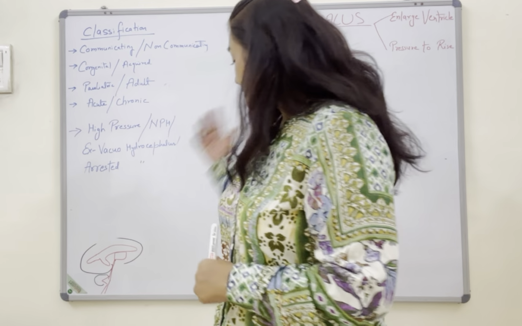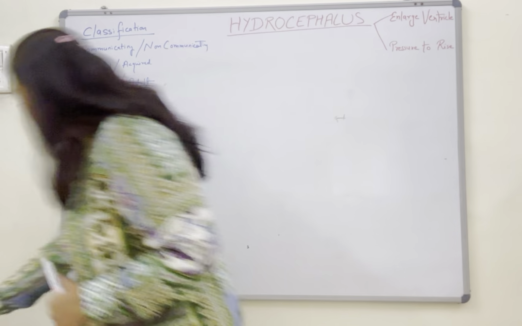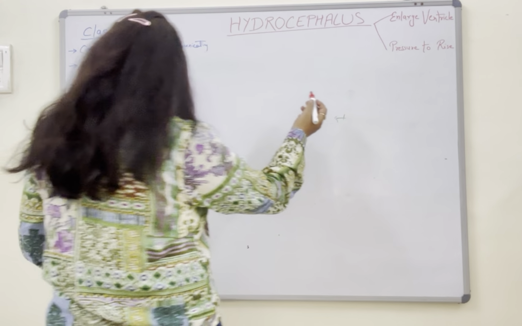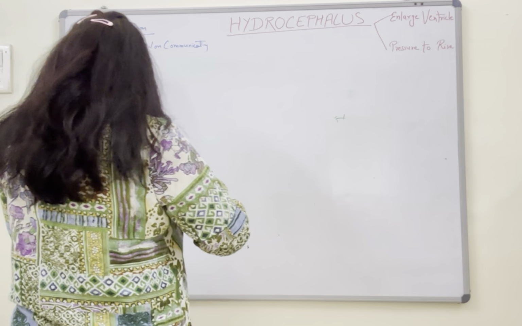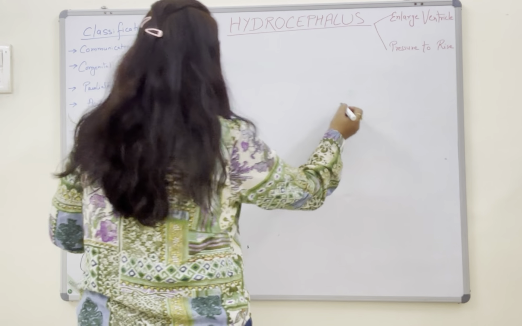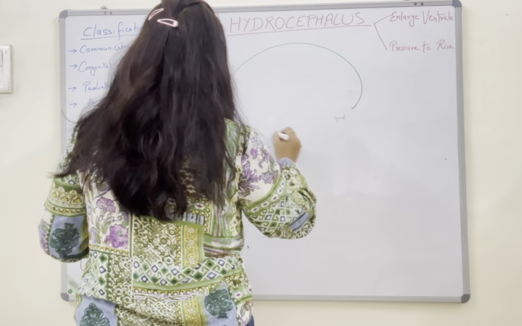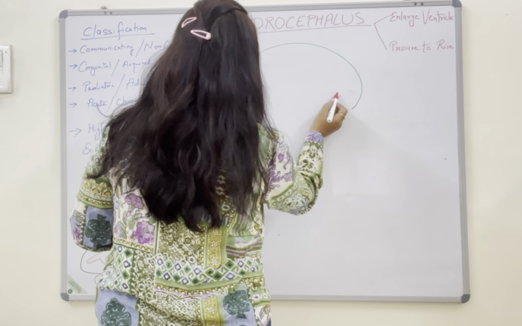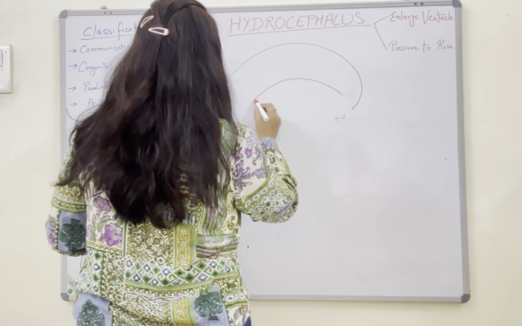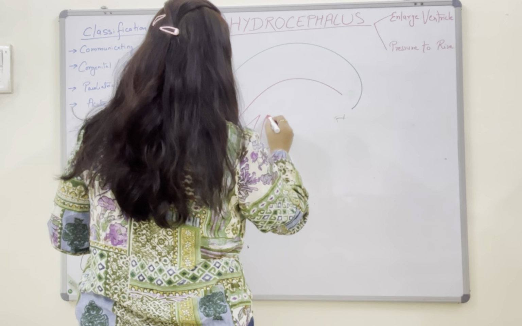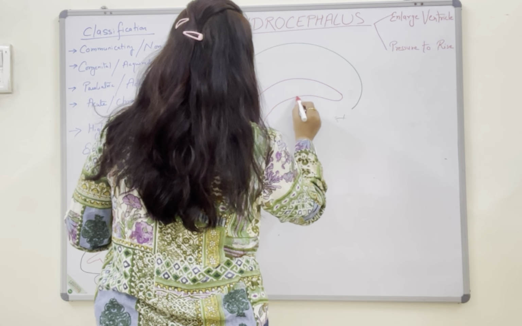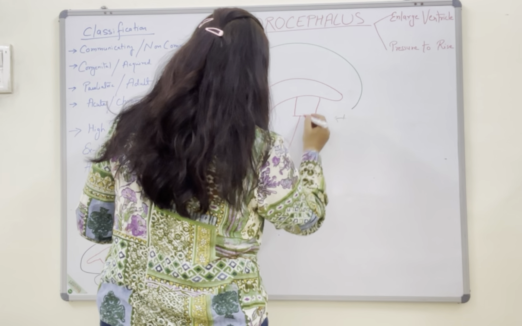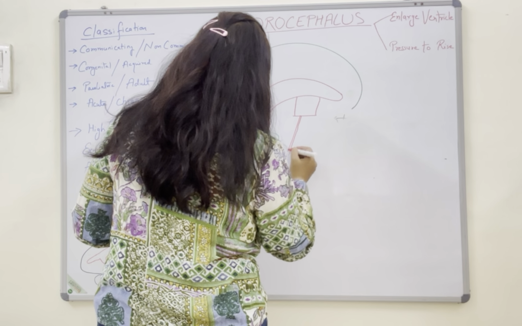So I can draw a diagram to make you understand about the ventricles. Okay, suppose this is your head, and this is the lateral ventricle. This is the third ventricle, and this is the aqueduct of Sylvius.